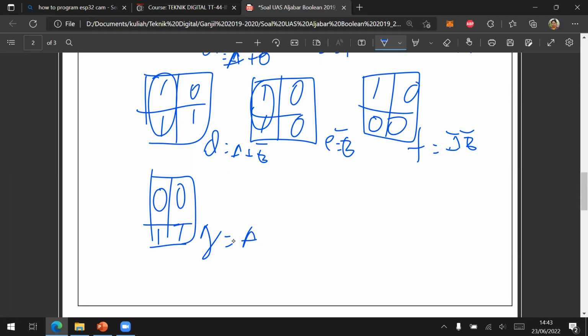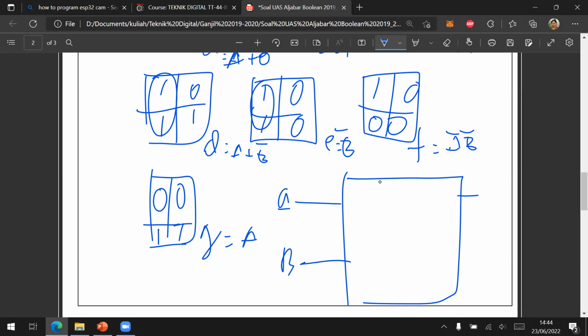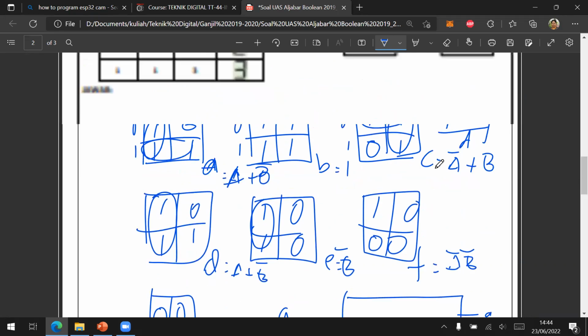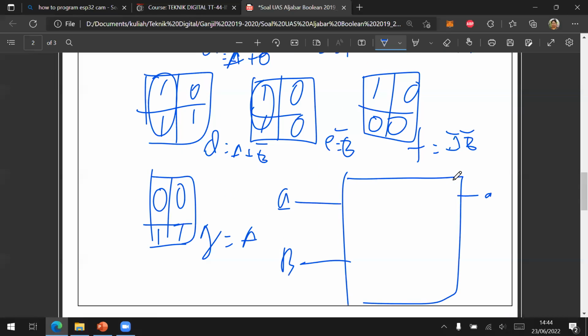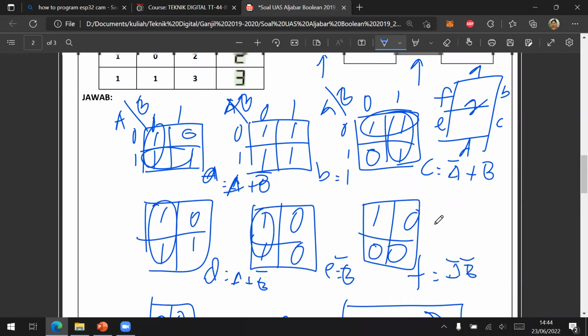Based on this function, you can just create a circuit. For example, this is A, this is B, and let's say this one is A. A is A plus B naught. And then what about B?